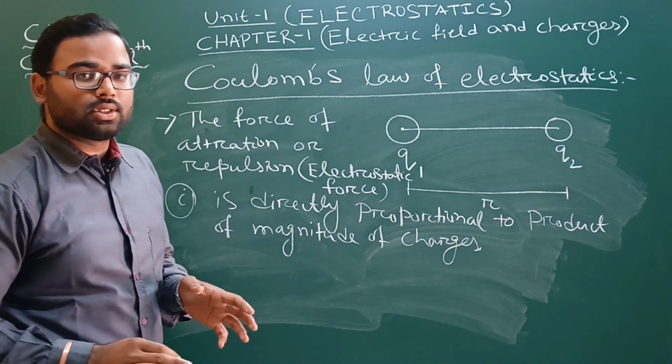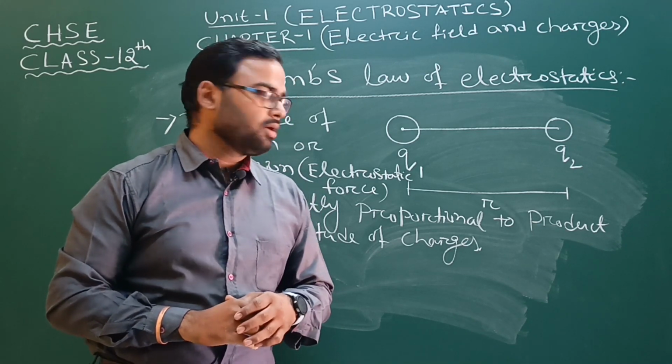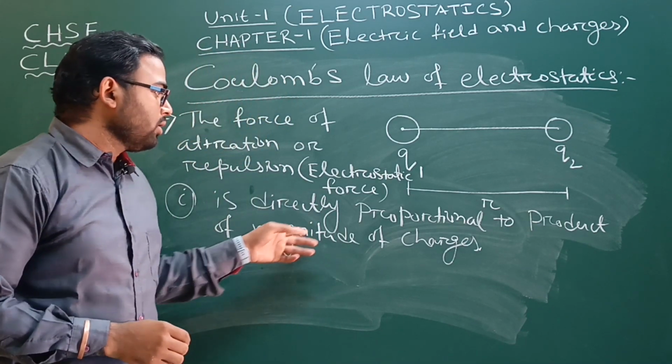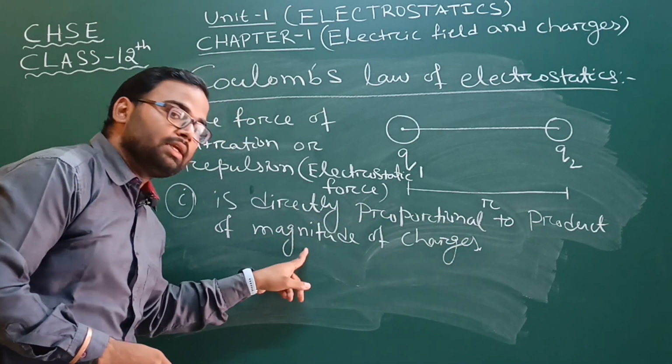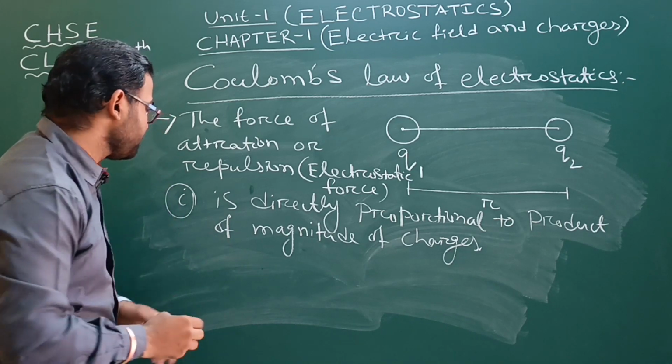We will not consider the sign of charge here because Coulomb has stated we have to take the product of the magnitude of charges. So signs are not taken here.